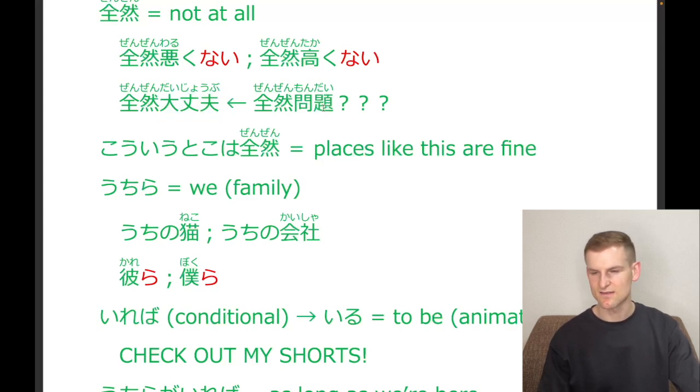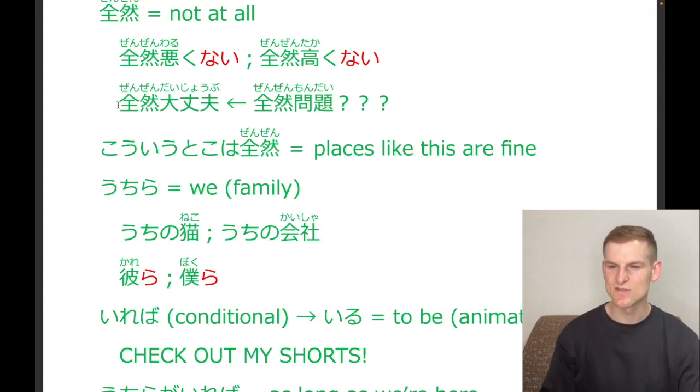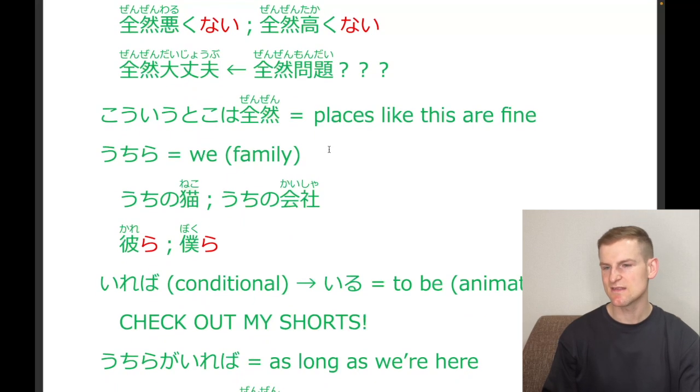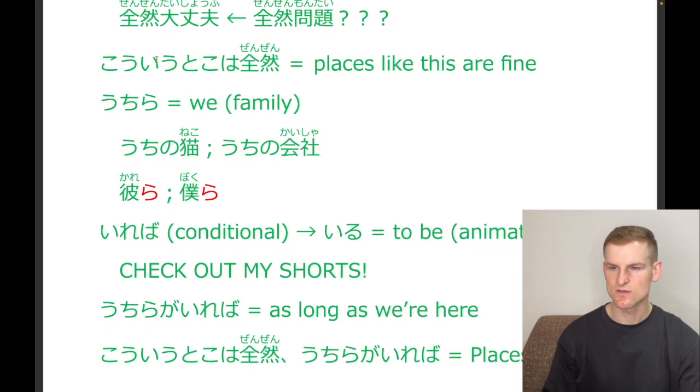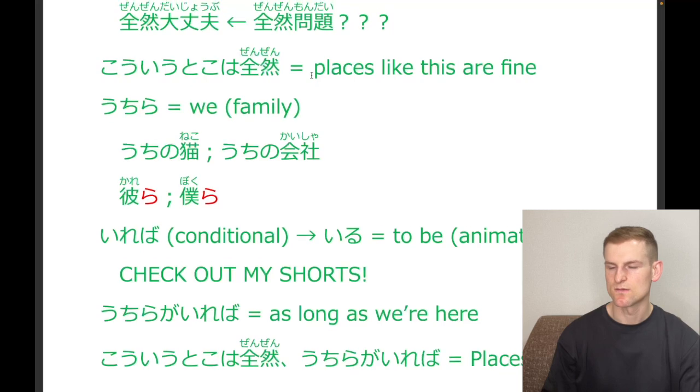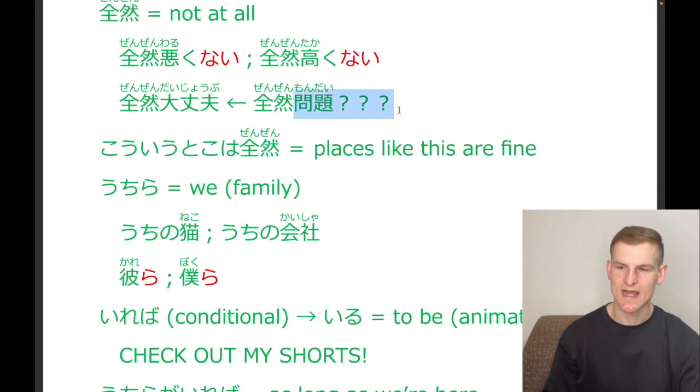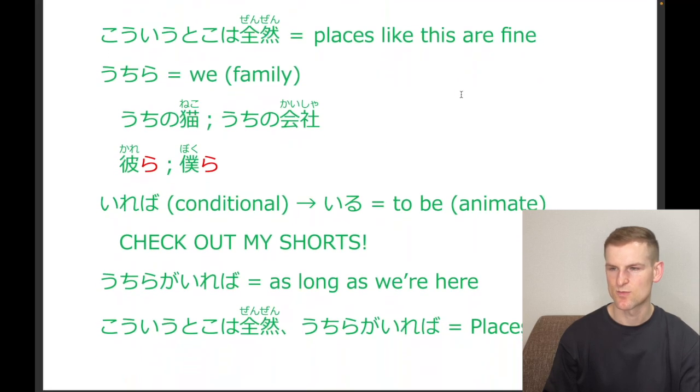So my theory is that over time people kept saying 全然問題ない, and eventually they just ended up changing the 問題ない to 大丈夫, 全然大丈夫. But it's just a little silly theory, so you don't have to take it too seriously. Anyway, it's used in this way nowadays, and it's pretty normal. So he doesn't even add anything after 全然. He just says こういうとこは全然. So he's implying 問題ない or 大丈夫. Okay, so places like this are fine, no problem at all.